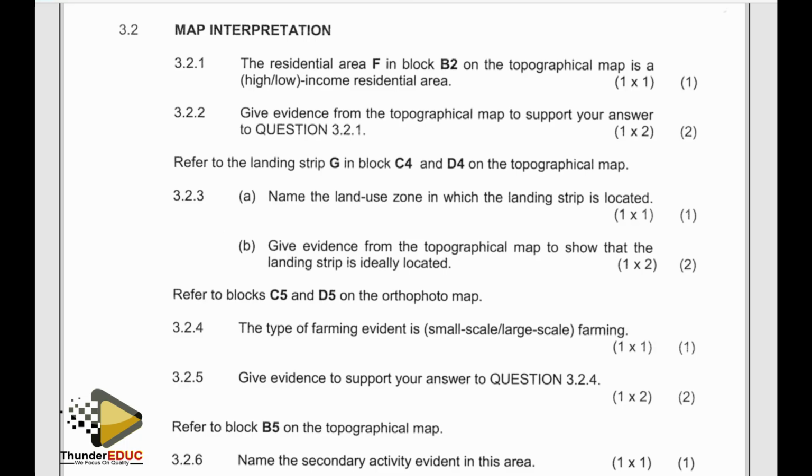We can look at functions like the landing strips, or we can talk of the airports, or the cemeteries, or golf courses. Those are some of the functions that fall in the land use zone of the rural urban fringe. So it's called the rural urban fringe. That's the name of the zone.